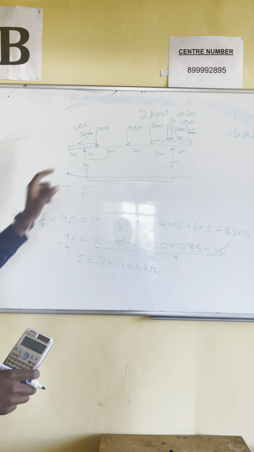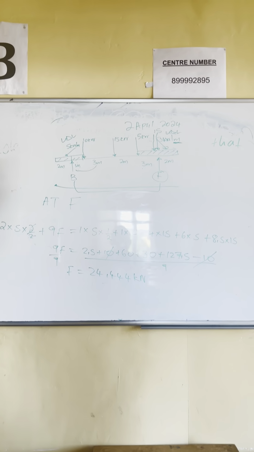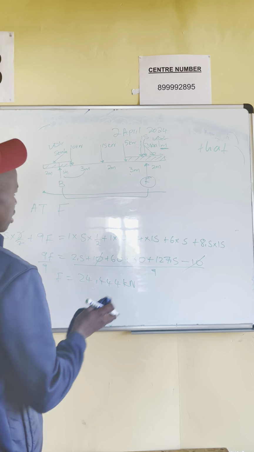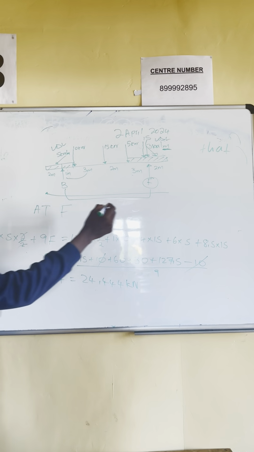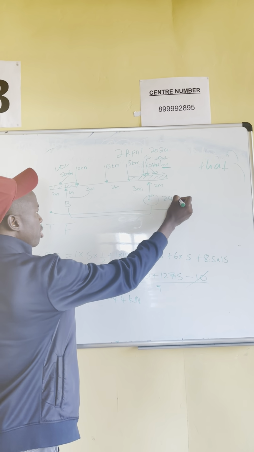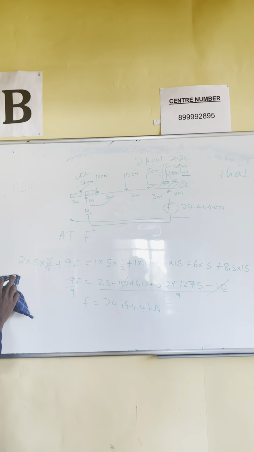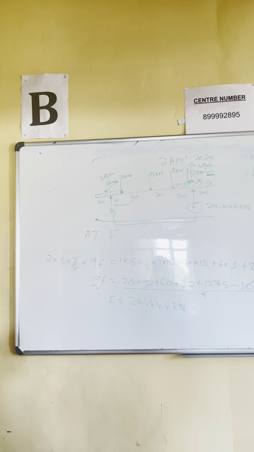Now, the moment we get this, we can take it out. And then we go for B. Let's go for B. We know that the answer of this one is 24.444 kilonewton. Then I will take this out.